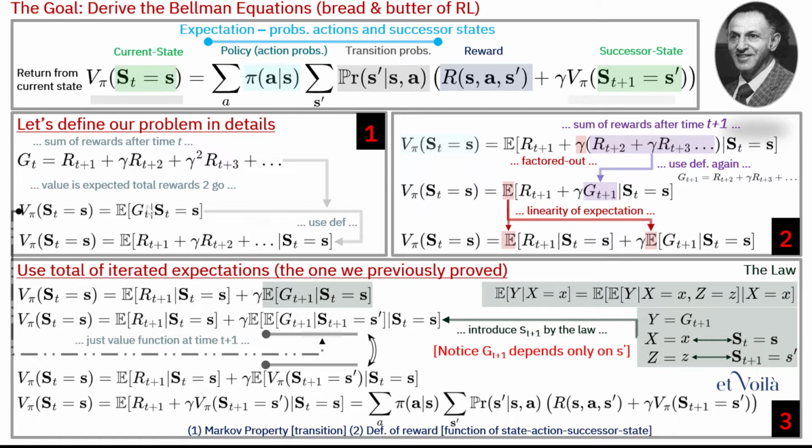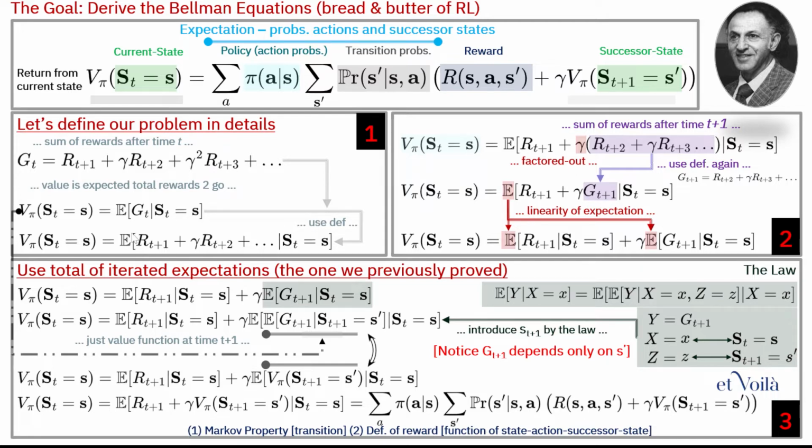We defined that random variable in this way: R_{t+1}, gamma R_{t+2}, gamma squared R_{t+3}. So I could simply replace it in this equation instead of G_t and write V_pi of S_t equals s as the expectation of R_{t+1} plus gamma R_{t+2} plus gamma squared R_{t+3}, and so on.